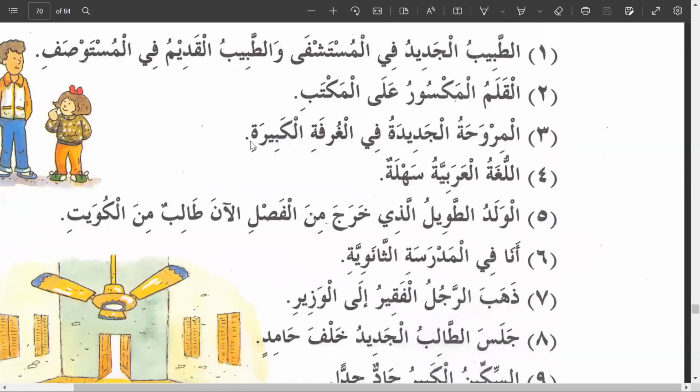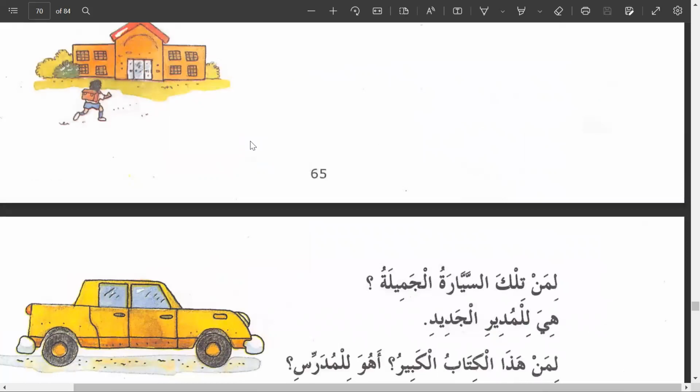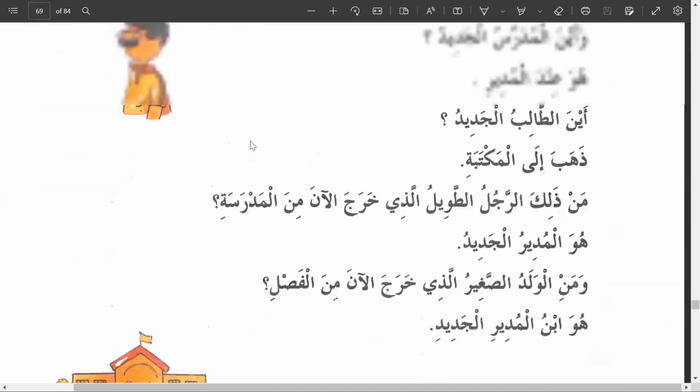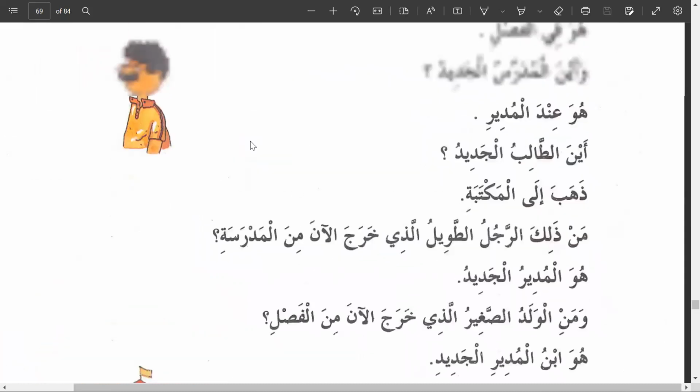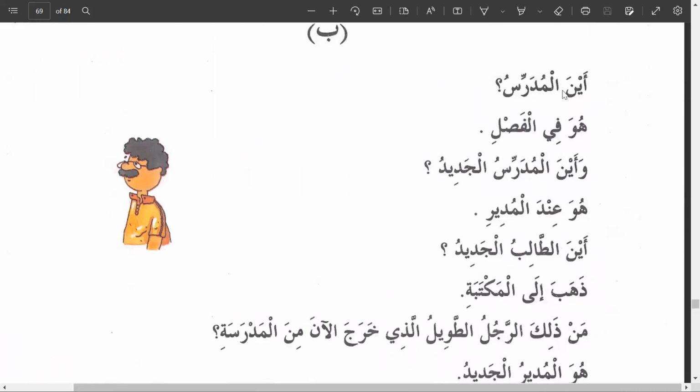Okay, so this time I'm giving you written homework. You are going to write all these sentences in Arabic and write the meaning in front of each.